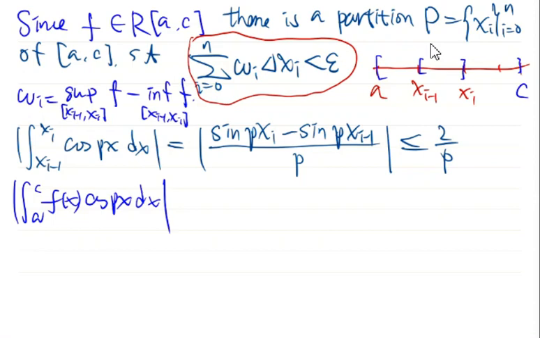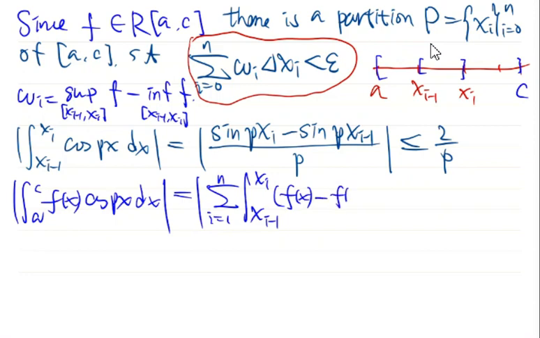To estimate this integral, we split it into subintervals [x_{i-1}, x_i], and write (f(x) - f(x_i)) cosine px dx.